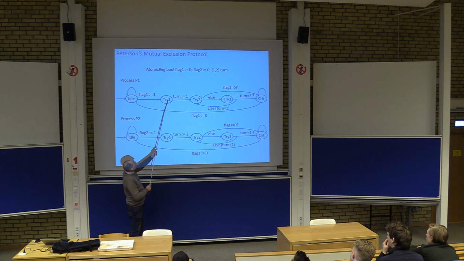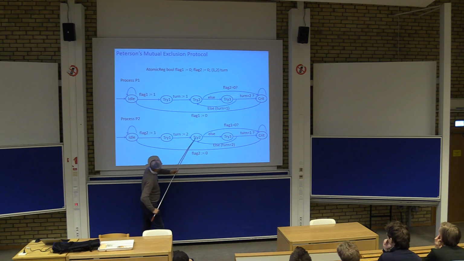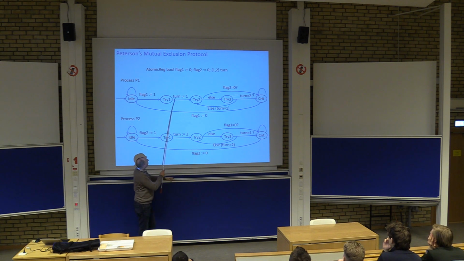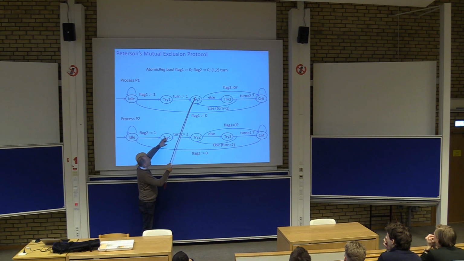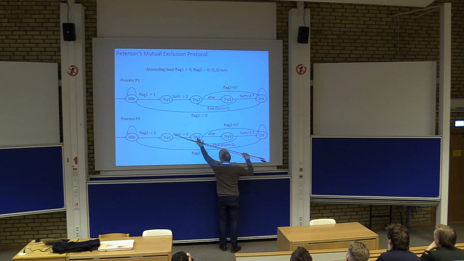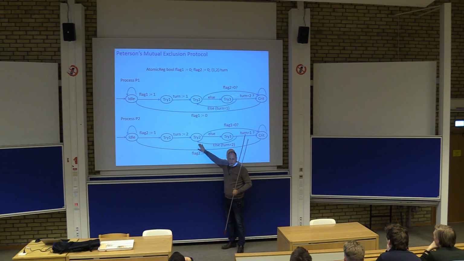Okay, so let's say now that we are entering these two states. So here, let's say we do this first. So when we are in this state and this state, turn will be 1, right? But when this one then has finished, turn would be equal to 2, right?